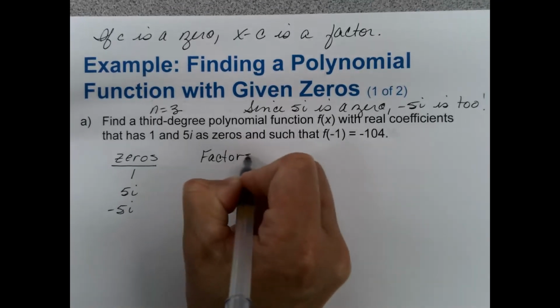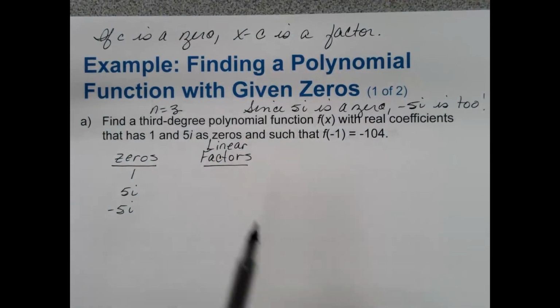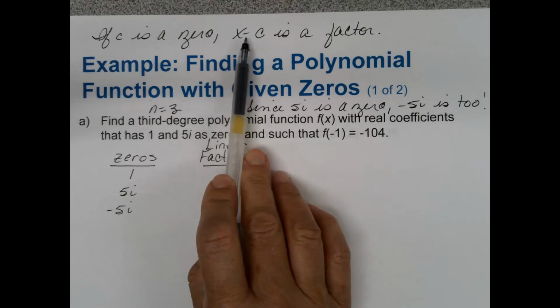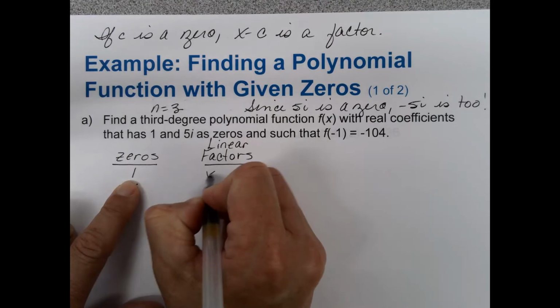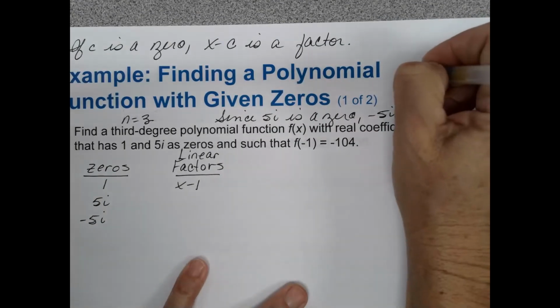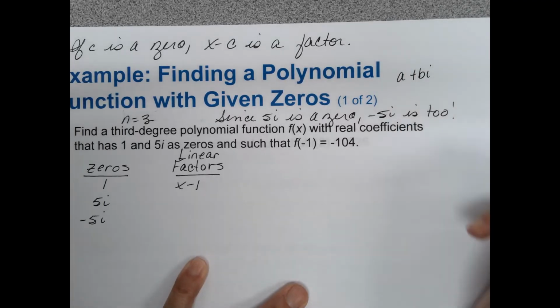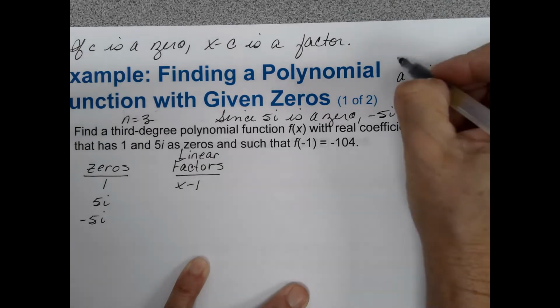Let's think about the factors now, the linear factors. If you know a 0, x minus that value is a factor. So if 1 is a 0, x minus 1 is a factor. Yes, Jaron? Why wouldn't -1 be a 0 too? Because they don't occur in pairs. The conjugate pairs theorem says if a plus bi is a 0, then a minus bi is.